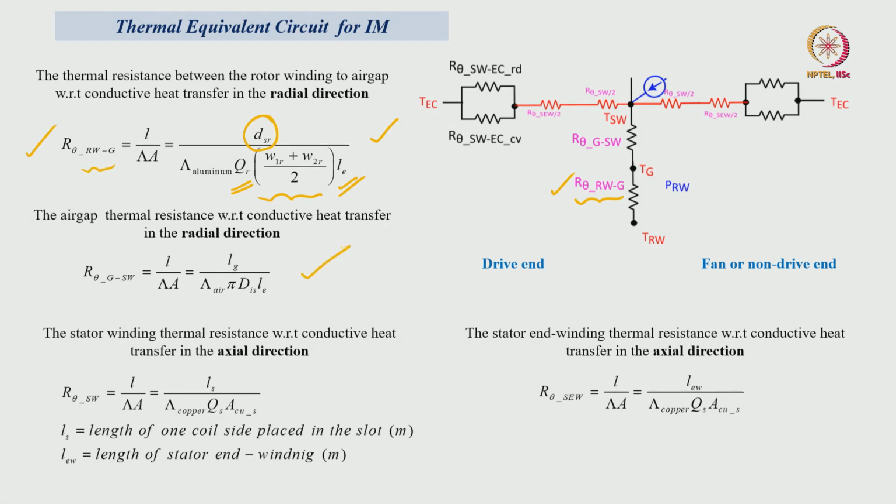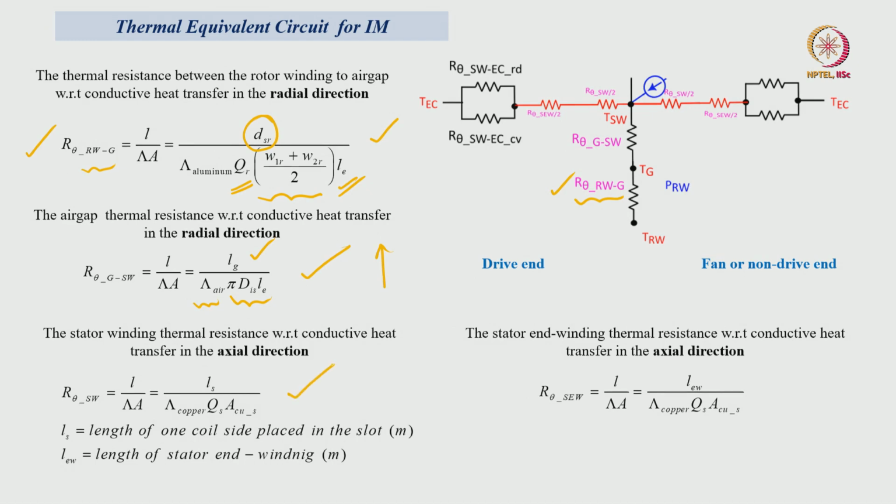The thermal resistance offered by the air gap in the radial direction, in conduction manner, I am considering here, that is L by lambda A: thermal conductivity of the air, and area of the air gap is nothing but pi dis into Le, and thickness of the air gap is nothing but Lg.